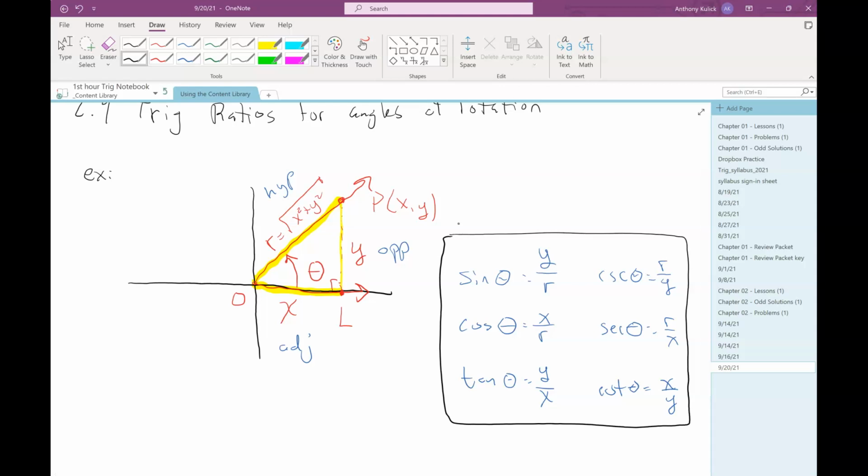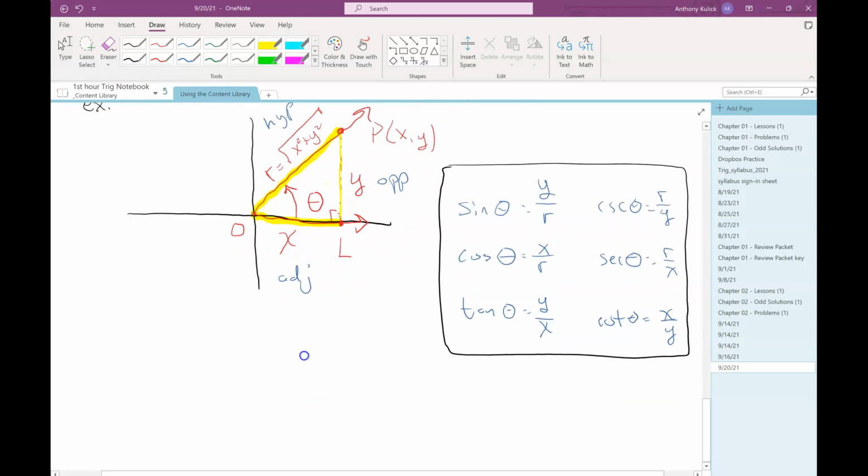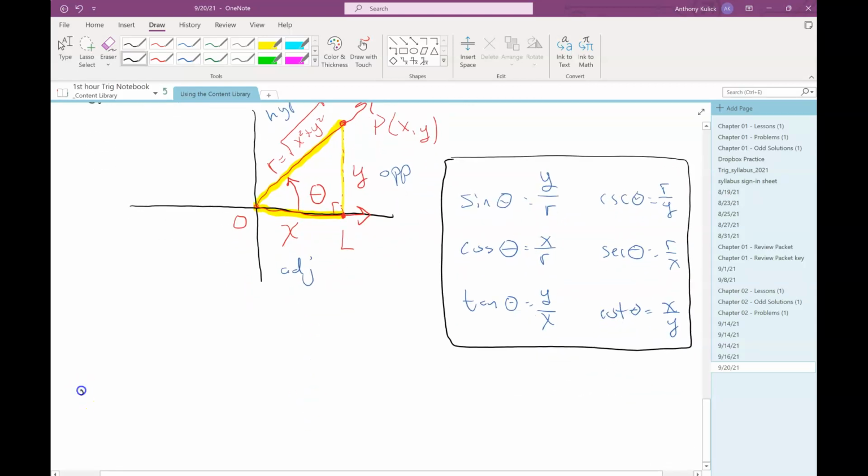And this is pretty good. We'll improve on this here just in a few minutes, but let's live here in this world for a moment and do a couple of examples. So let's say that our point P is this negative 3, 4.